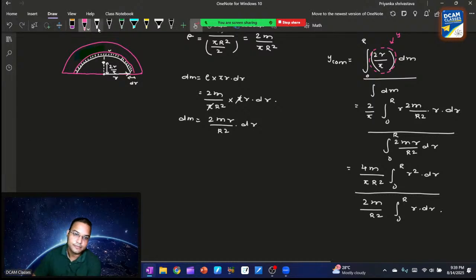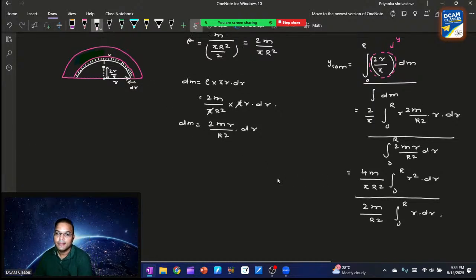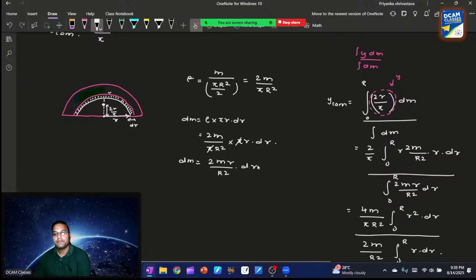I am guessing, yes. See, why have I put this one? This is actually the center of mass of this ring. And I have told you earlier, center of mass is the point at which the whole mass of the body is supposed to be situated. Now I am assuming this ring; the center of mass of the ring is lying at this point.